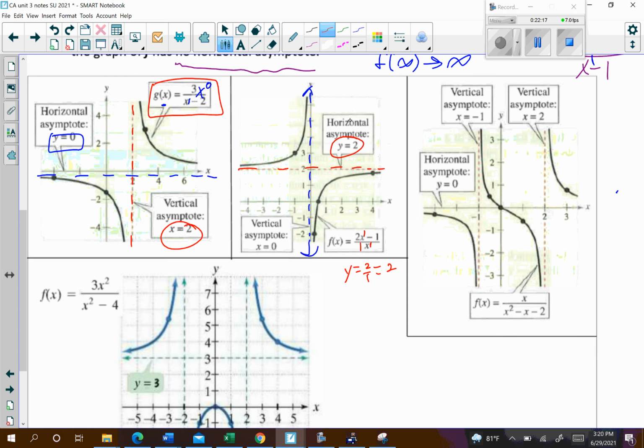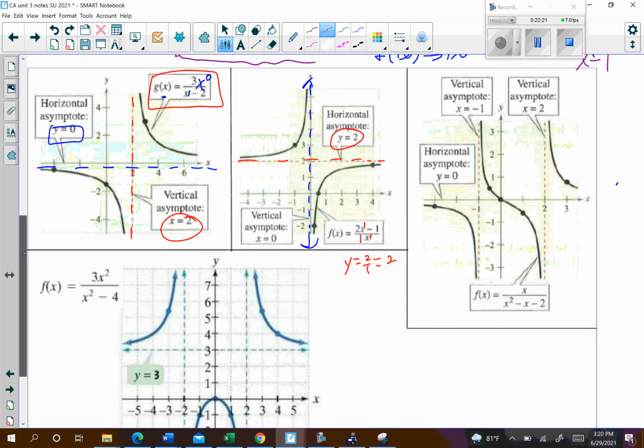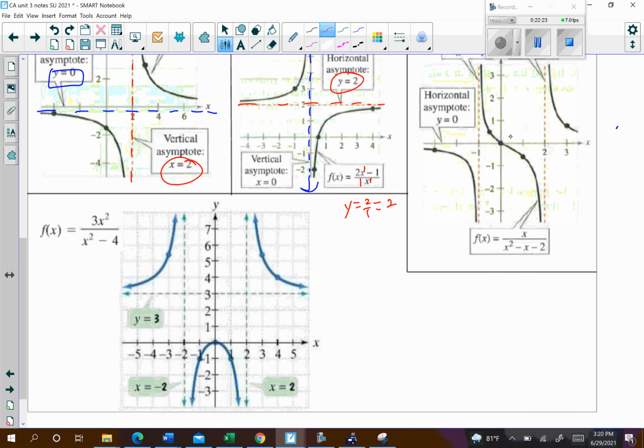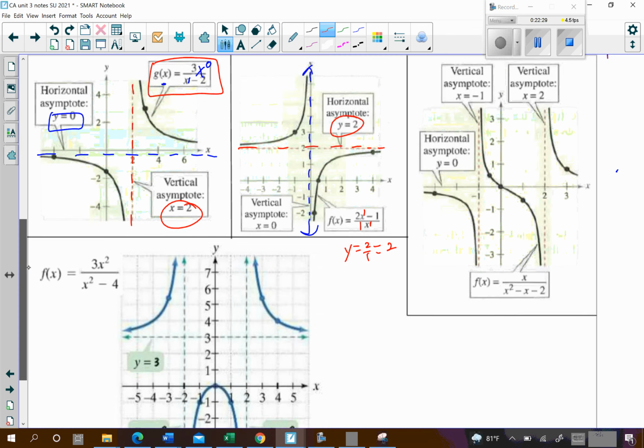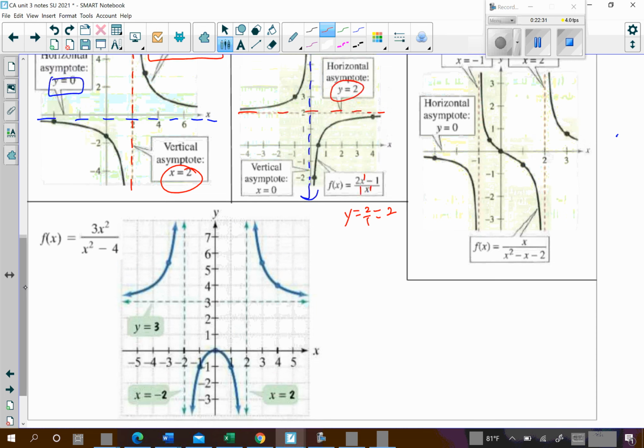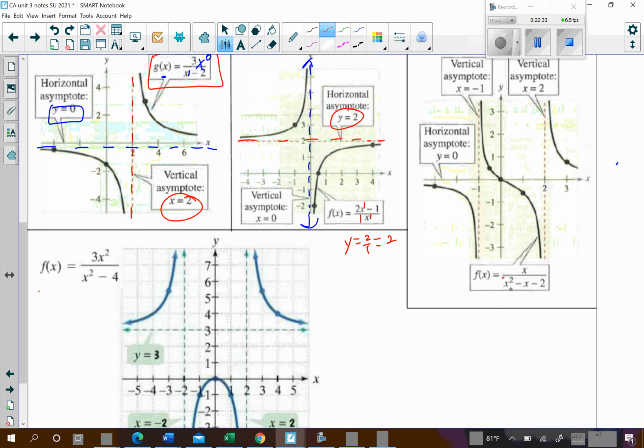But sometimes we can have more than one vertical asymptote. And when that happens, we get one of these two graphs right here. So we'll look at each one of these. For this first one, if you take the denominator, set it equal to 0 and factor, we get x minus 2, x plus 1 equals 0.